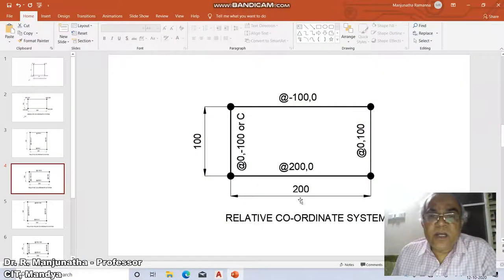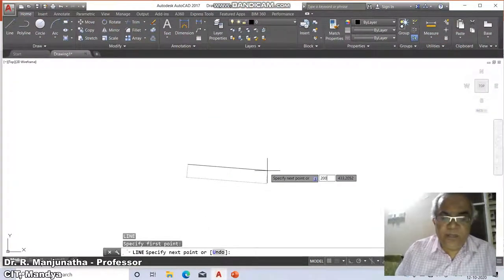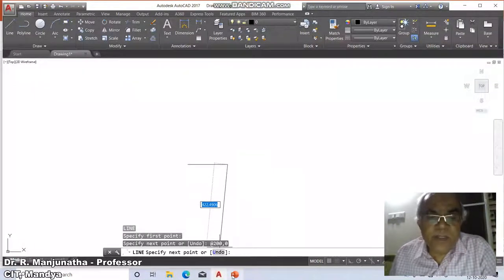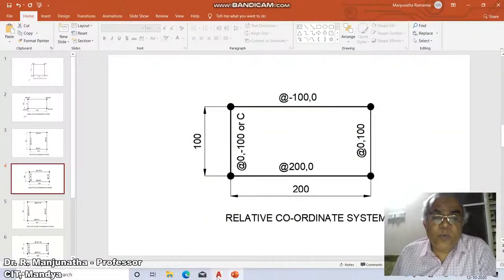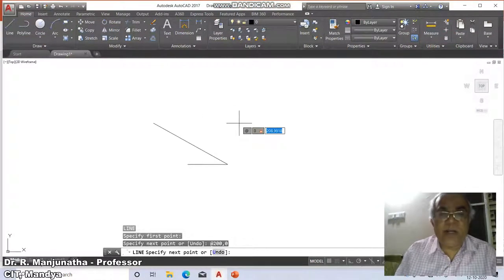So here at the rate 200, 0. So you'll get a horizontal line. Then again it moves in the y direction. Again this will be treated as 0, 0. So in that case at the rate 0, 100.